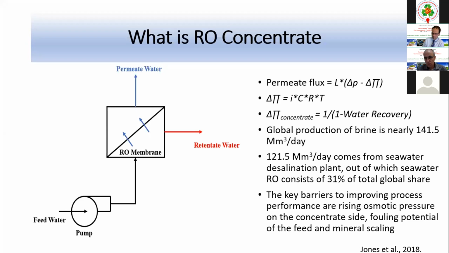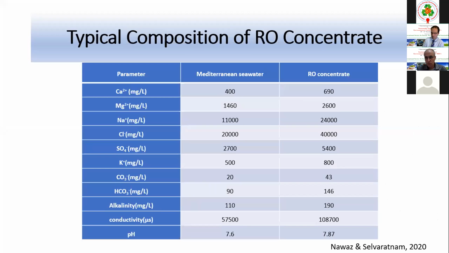Based on available data, roughly 141 million cubic meters per day of RO concentrate is generated, and roughly 31% comes from RO processes. This RO concentrate is rich in minerals, and since the water recovery rate is around 50%, the concentration in the RO concentrate will be roughly twice that of seawater.